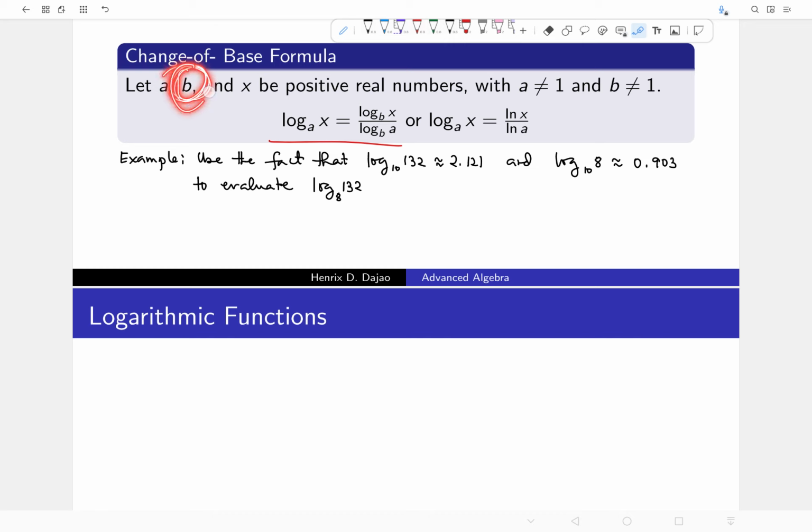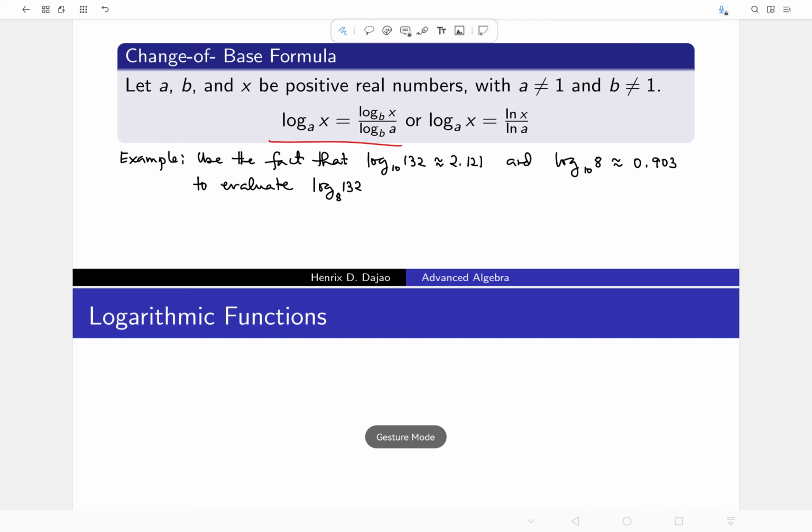That does not mean b can only be 10, because in our discussion we've learned that b can be any positive number and b must not be equal to 1. So usually b is chosen to be 10. Okay, so our b here will be 10.